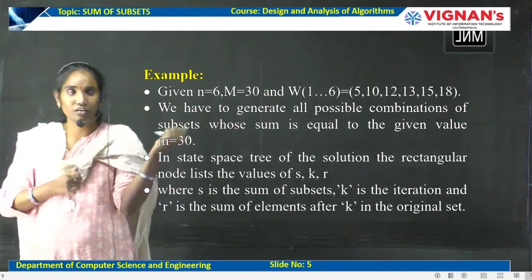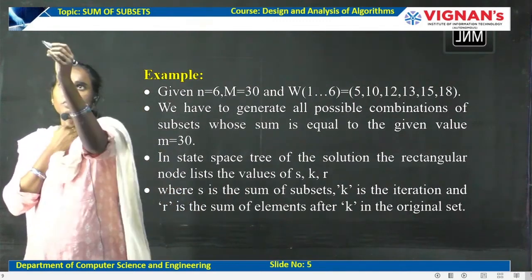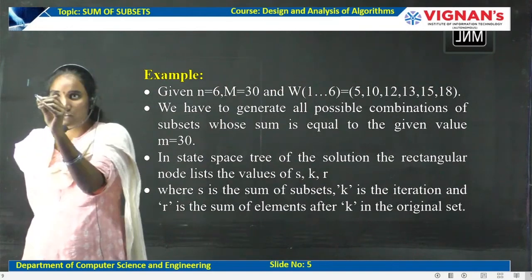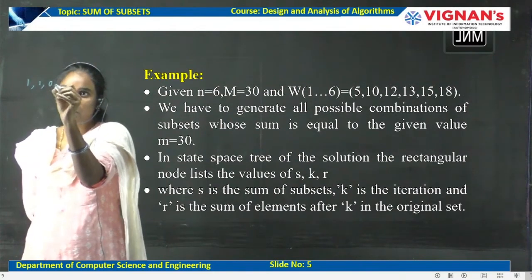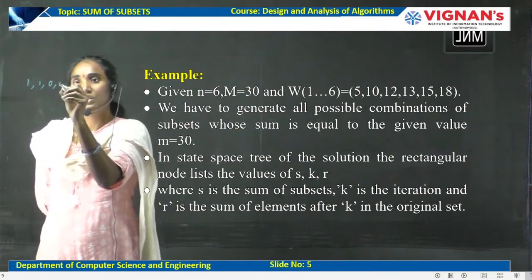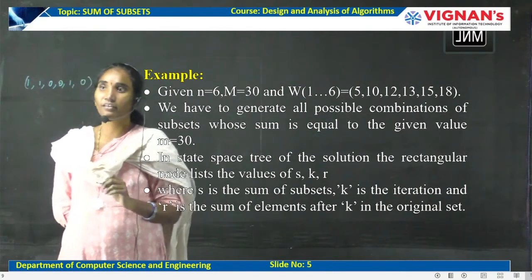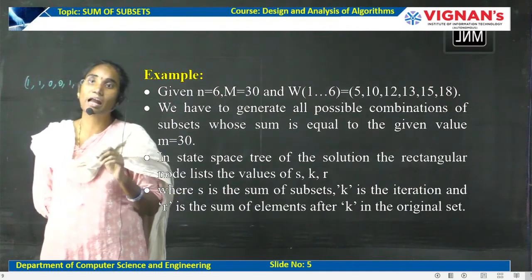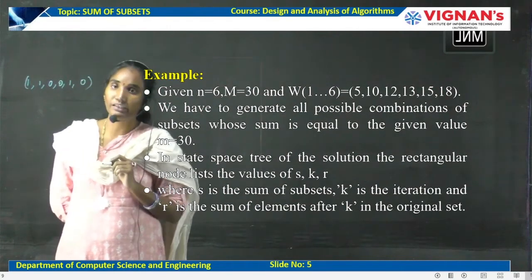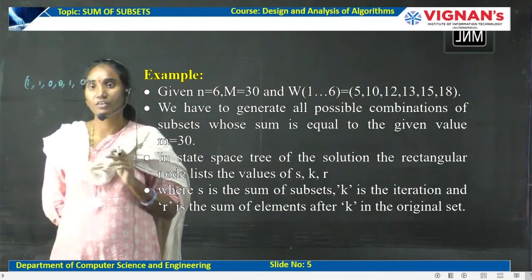So here there are 3 solutions. The first is 1 comma 1 comma 0 comma 0 comma 1 comma 0, that is by taking the first item, second item, and the fifth item I'll yield the corresponding sum.